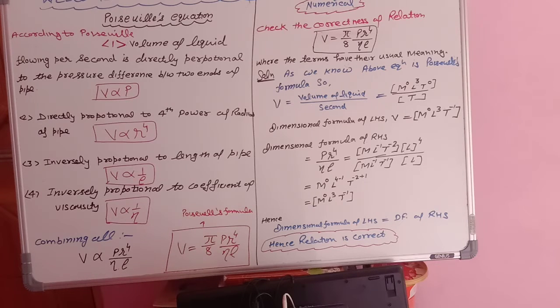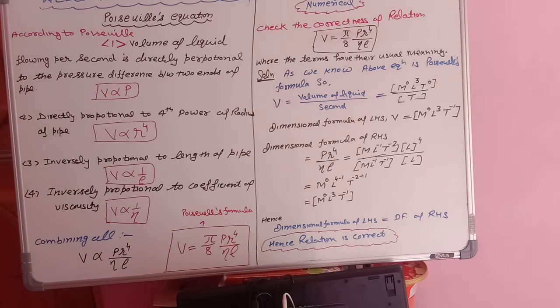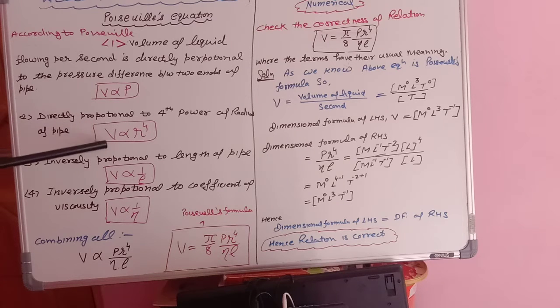Now the second point is that the volume of liquid flowing per second is directly proportional to the fourth power of the radius of the pipe. That means V is directly proportional to R power 4.